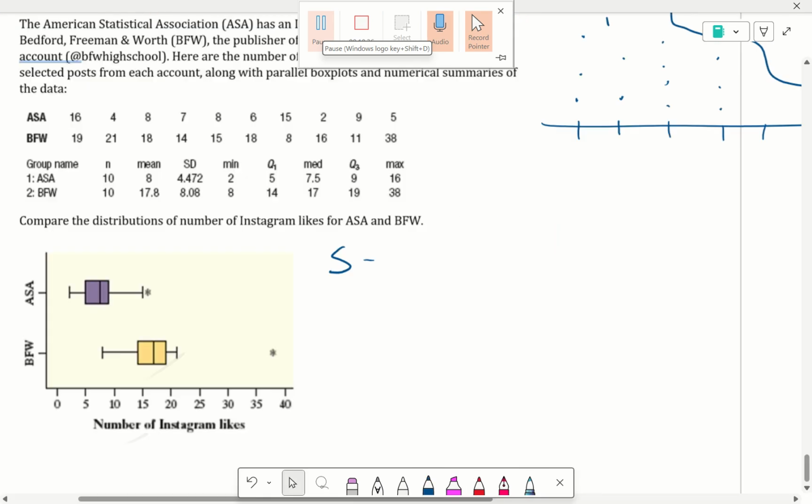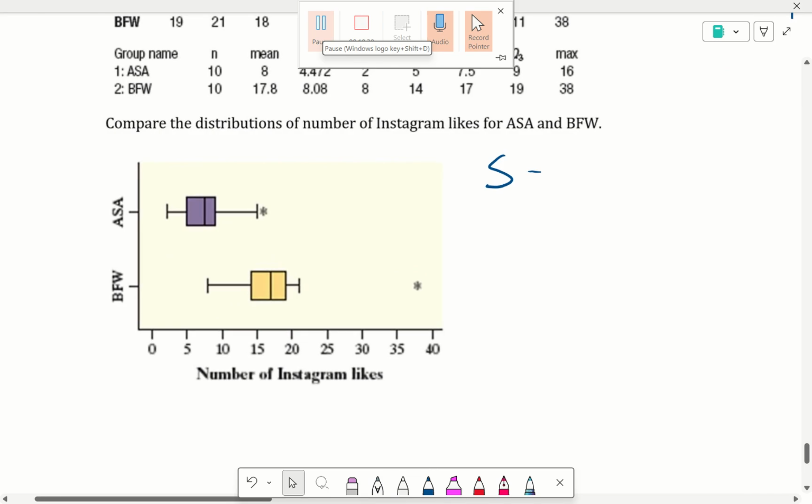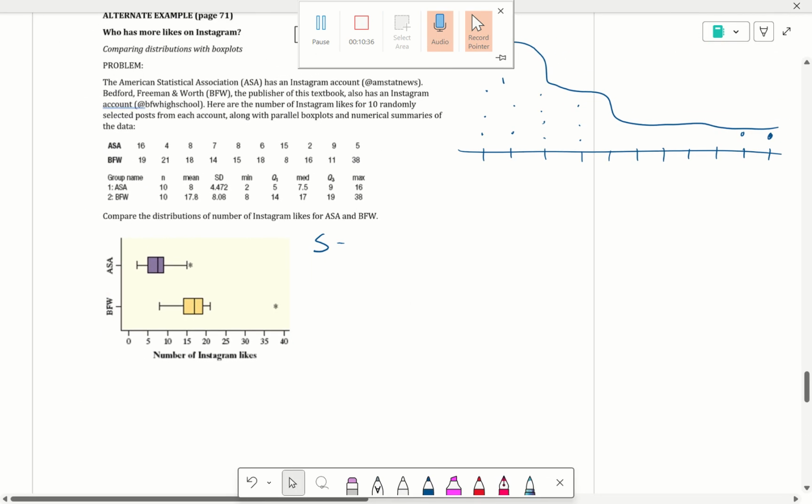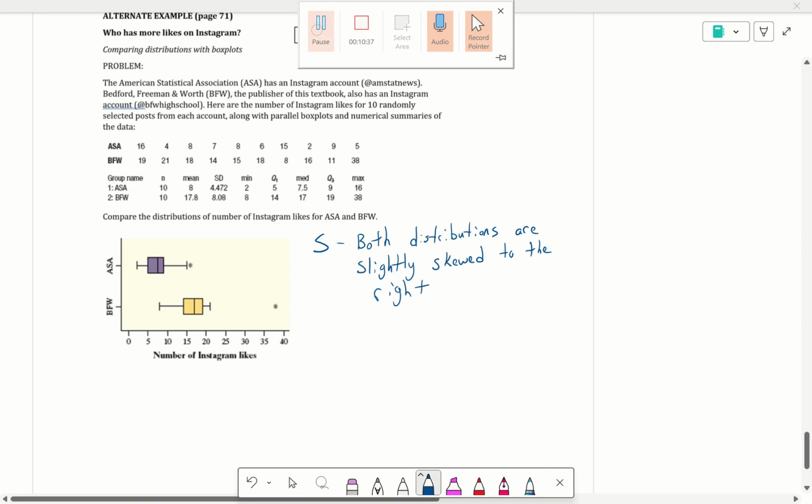So as I look at these two distributions, I see an outlier here and an outlier there. So that's going to let me know that both of these distributions are skewed to the left. I may have said left there, sorry. Both distributions are slightly skewed to the right. We're always going to be skewed to the direction of the outliers. If we have outliers only on one side, meaning that it's not a symmetrical distribution, right?